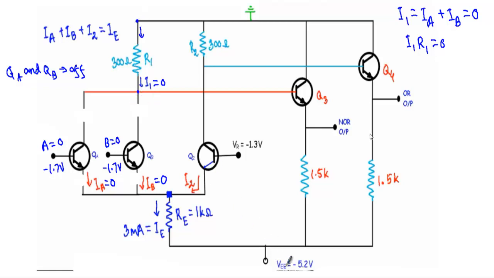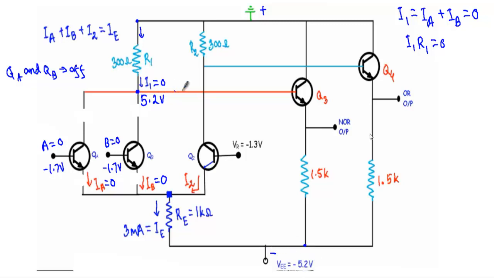Here I am applying minus 5.2 volt between this terminal and the ground terminal. That means I am supplying a voltage source whose value is 5.2 volt, whose positive terminal is connected here and the negative terminal is connected here. See, as the voltage from this terminal to this terminal is equal to 0, the 5.2 volt will appear between this terminal and this terminal.